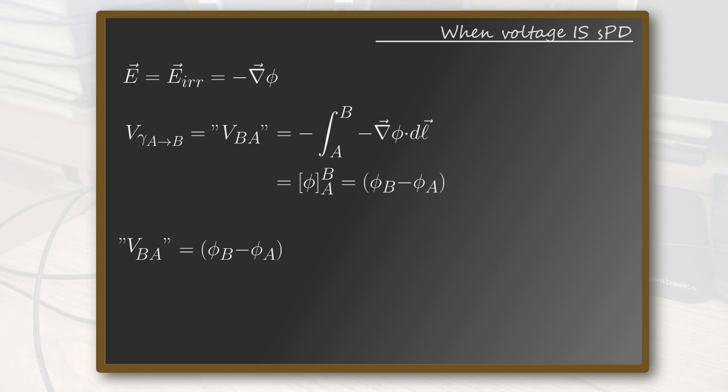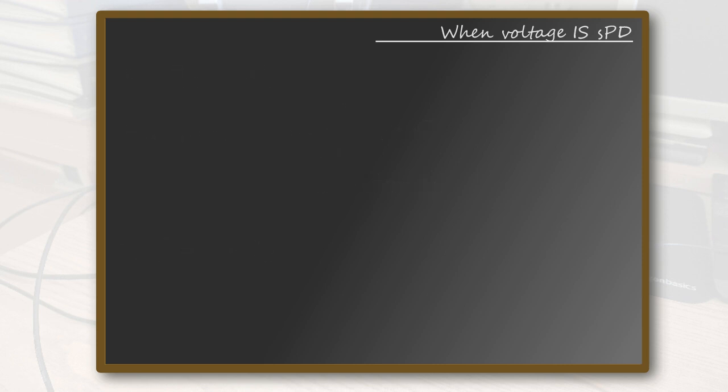In our notation, V_gamma from A to B is equal to minus the line integral from A to B of minus the gradient of phi dot dl, which becomes plus the value of phi from A to B, which is equal to phi_B minus phi_A, while before we had V_B minus V_A. I'm not going to show the equality of both quantities on the same line because the commonality of the symbol V to represent different quantities in the two notations would only cause confusion.